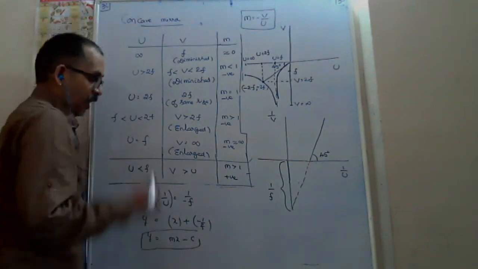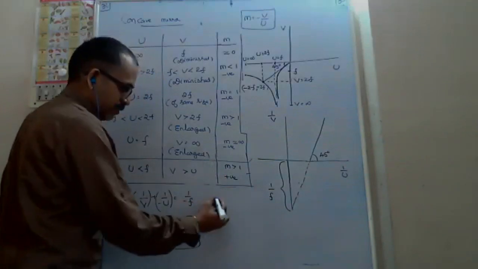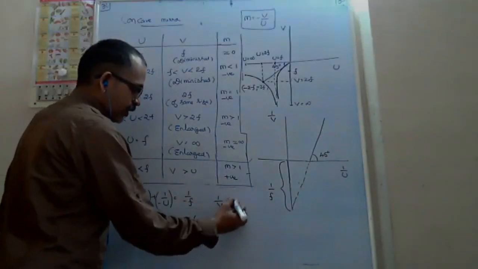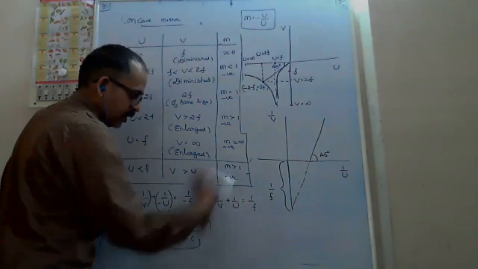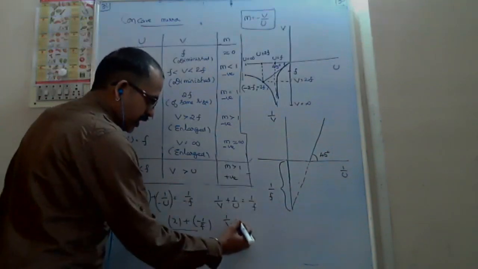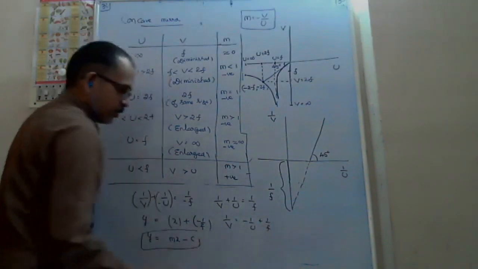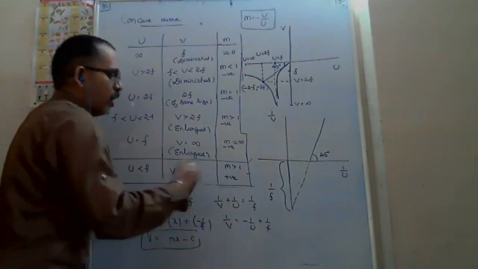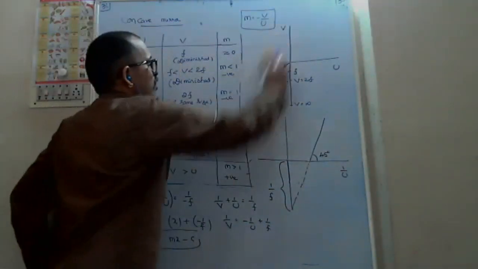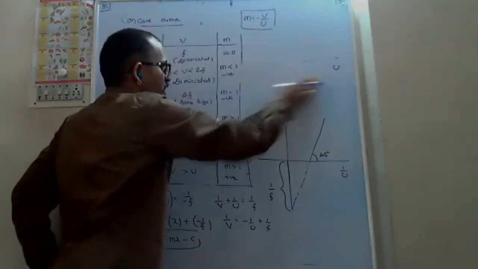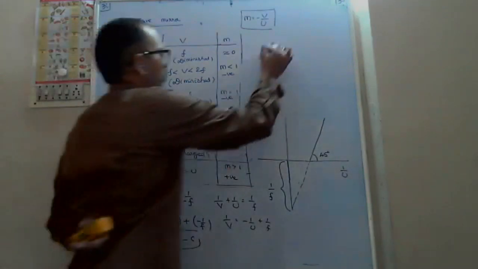And what about without sign conventions, if they ask in the exam? Without sign conventions means we should not substitute any negative here. Then directly I will get 1 by V equals minus MX plus C. Minus mx plus c means it is intersecting both x and y axes with a negative slope.